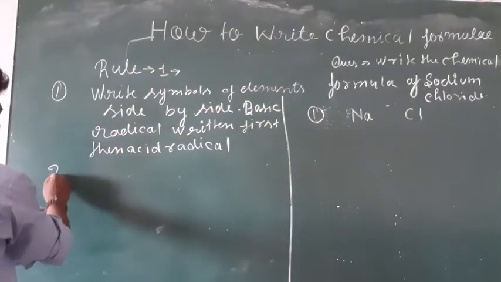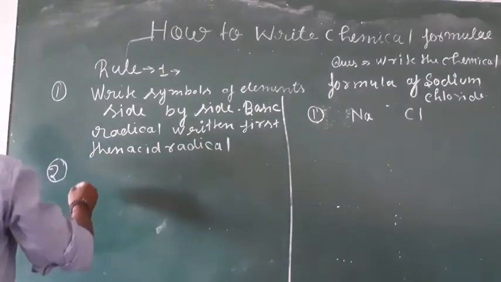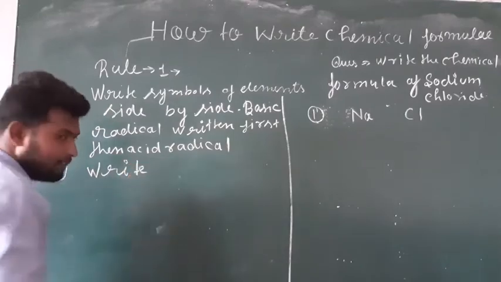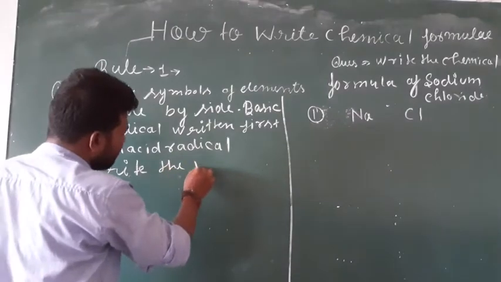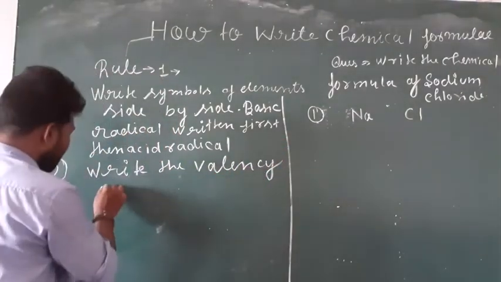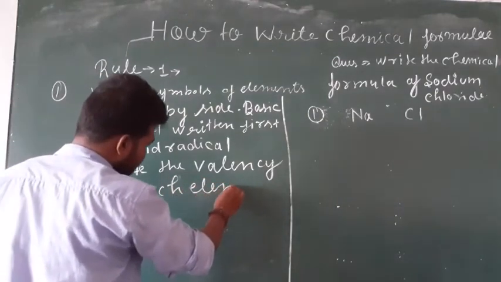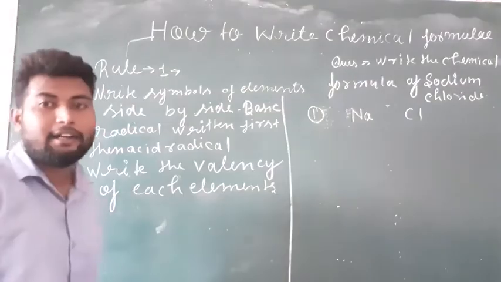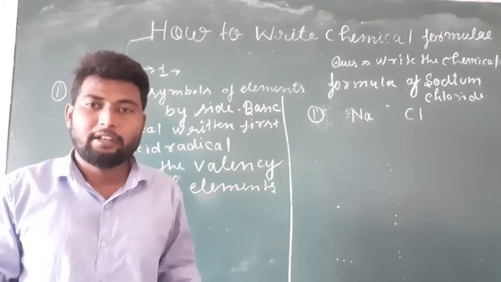Now rule second: write the valency of each element. In the book it is given upside, but it depends on you.